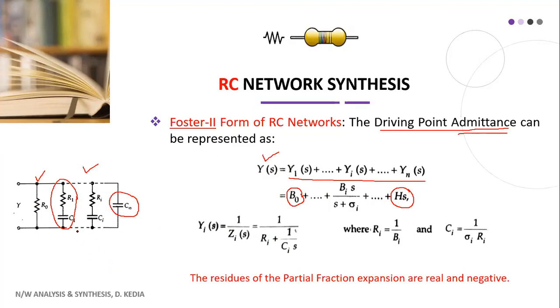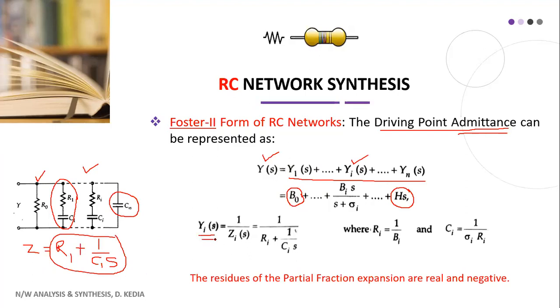As I told you in the previous case, since it is a series combination, the equivalent impedance for this series combination will be R1 plus 1 by C1s. But we do not want impedance here, we want admittance. So for admittance, it will be reversed, and that's what has been done.